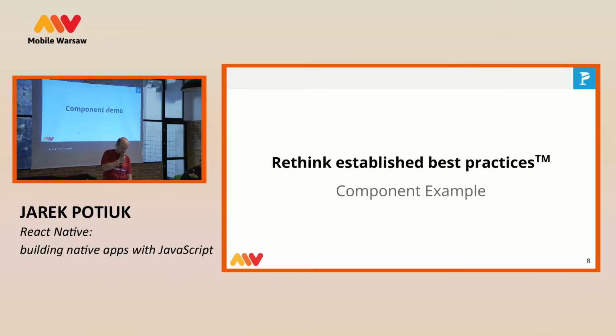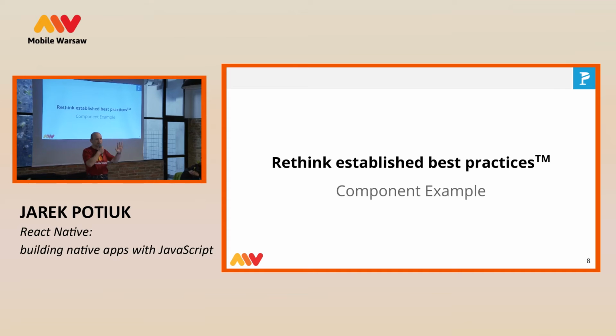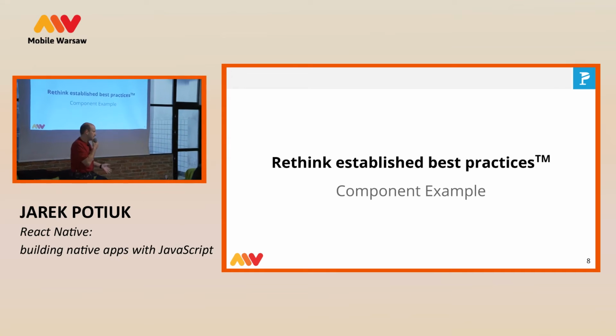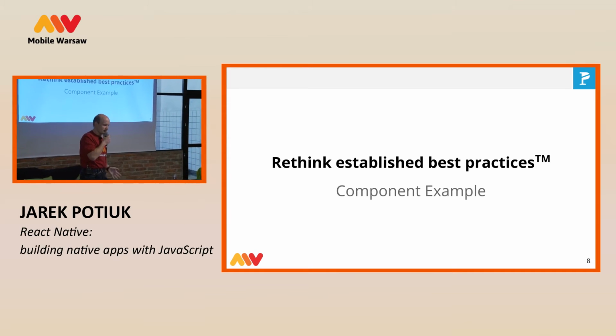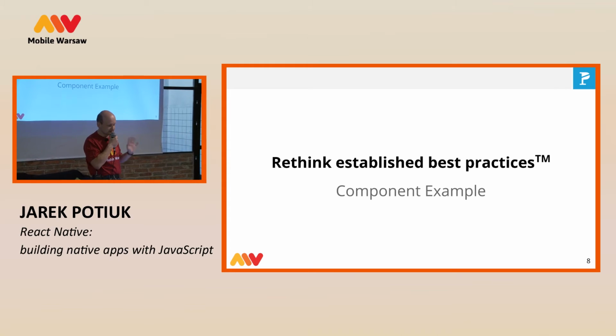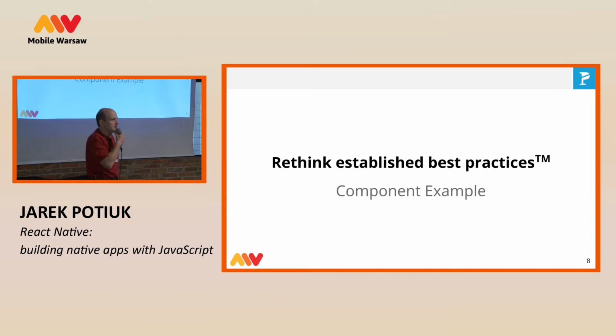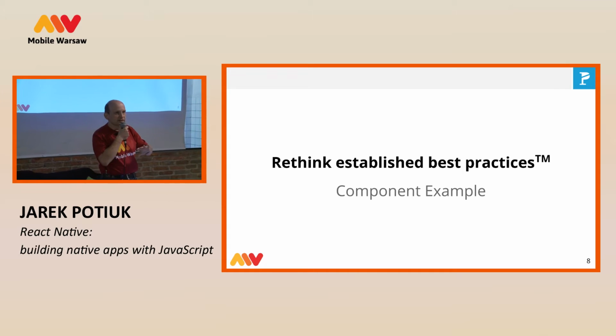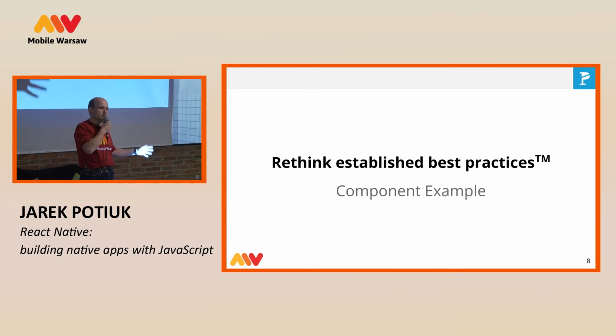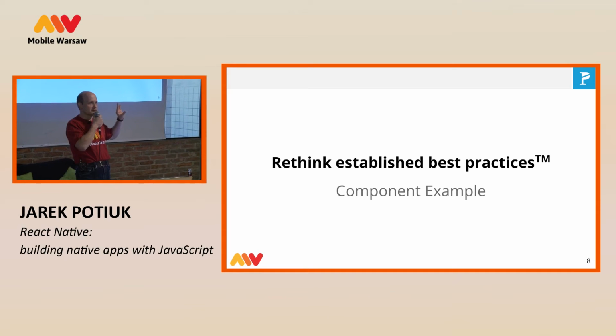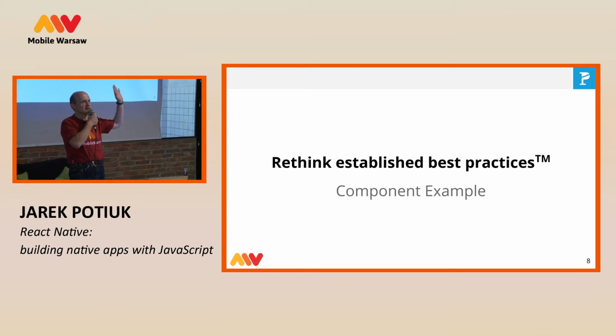So that was the demo. And that's what Facebook actually did when they took the web standards and implemented them in React Native. They invented this term, Rethink, and established best practice as well. Actually not invented, they copied it here. We've learned from the JavaScript, CSS and HTML DOM world that we want to keep things separate: HTML separately, CSS separately, JavaScript separately.